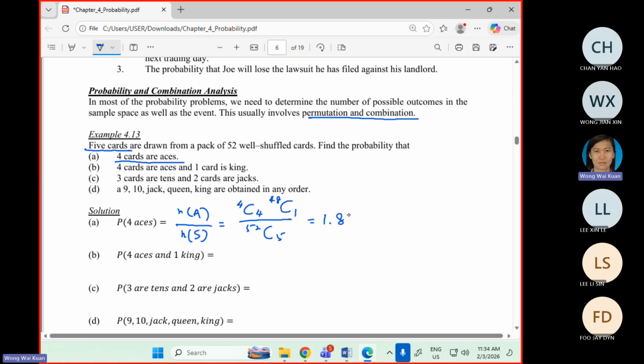My purpose is to show you this. That's why I said only this one I want you to count. You should get 1.85. In your calculator, you see something like -5 there, right? It is times 10 to the power of -5. This is the standard form.